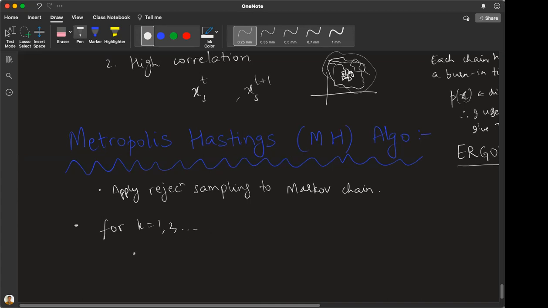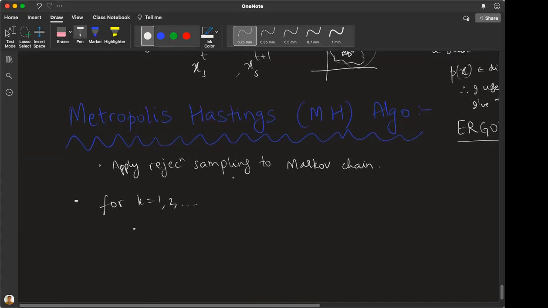The first step is you sample x dash from a wrong distribution. We call that Q. This is basically a transition probability from xk to x dash. K is the time. We can call it T or K.